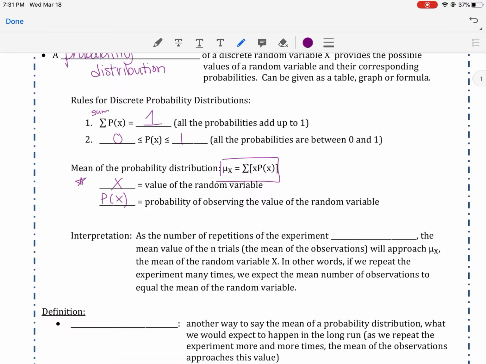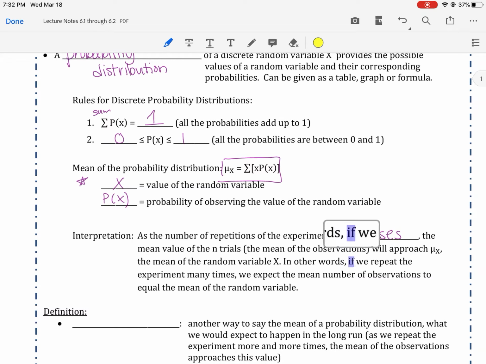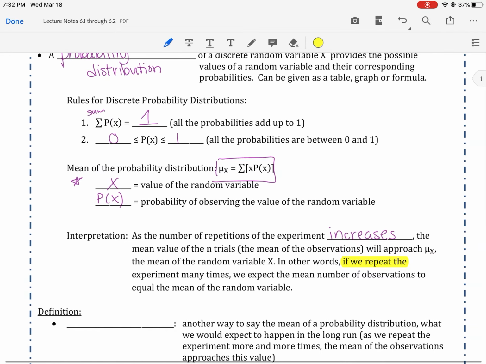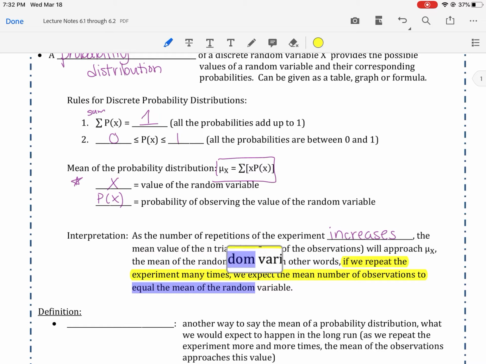As the number of repetitions of the experiment increases, the mean of the observations will approach the mean of our random variable x. In other words, if we repeat the experiment many times, we expect the mean of the observations to equal the mean of our random variable.